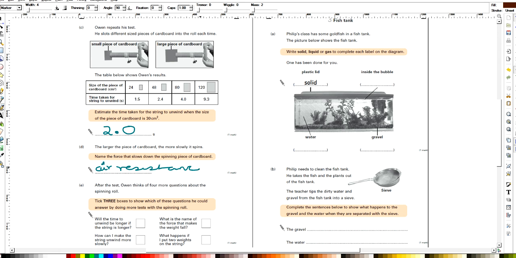Air resistance. That's a good one. We can also write words like friction or drag as well. Any of those three will give you the mark. You will not get a mark if you write down gravity or just resistance.